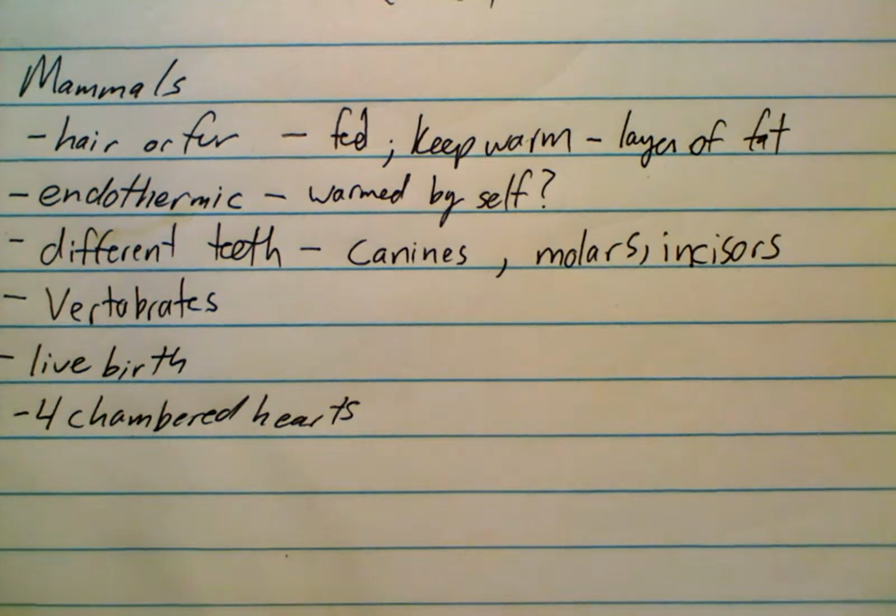What else? Ripping through flesh. Good. Think about eating a nice big steak. So molars, of course, are for what? Tearing, ripping, all that kind of stuff for the canine teeth. Molars are for grinding. Good.